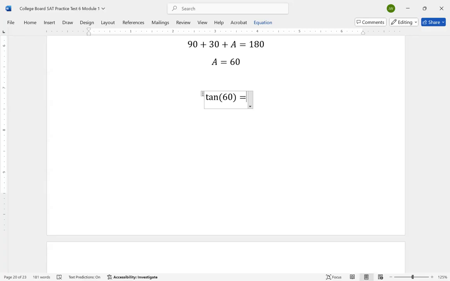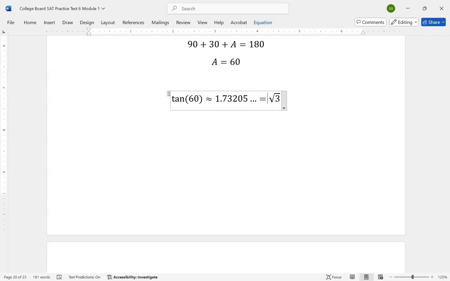And you would get that the tangent of 60 is equal to, well, approximately 1.73205, et cetera, which if you were clever, you could figure out that that's the same thing as square root of 3.